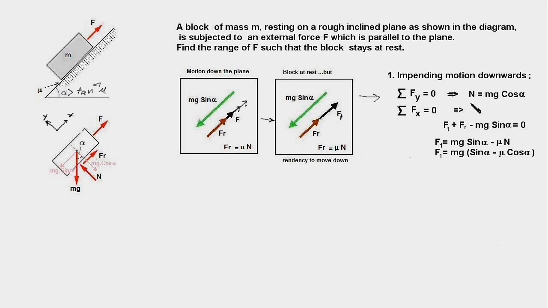For normal direction we know N is equal to mg cos alpha, and for x direction F1 plus Fr minus mg sin alpha will be equal to 0.